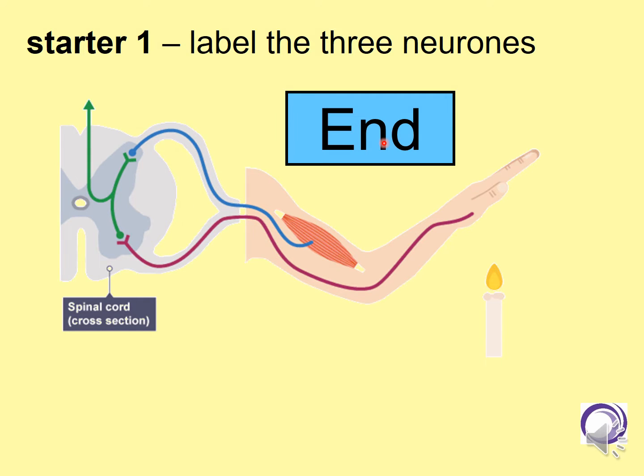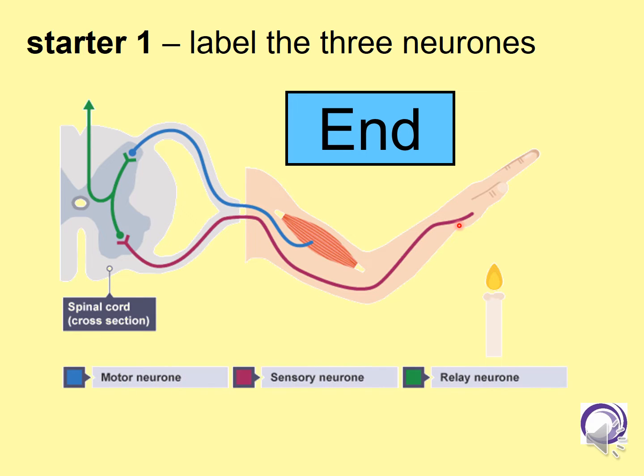Okay, excellent. Let's see what we can recall then. So we have this purple one down at the bottom, which is connected to a sense. So it's called the sensory neuron down here in purple. And inside the spinal cord itself, with a couple of connections called synapses, we have the relay neuron, literally does what it says.